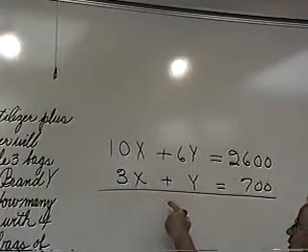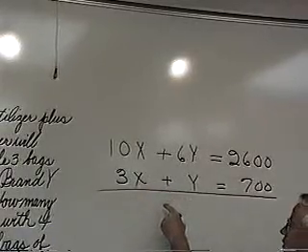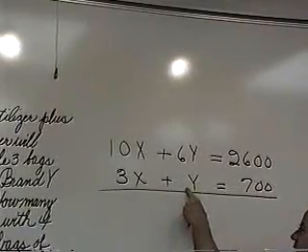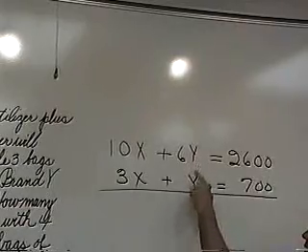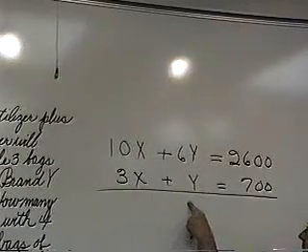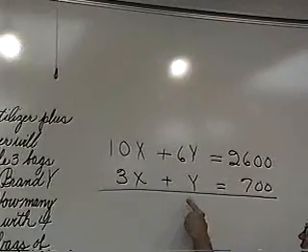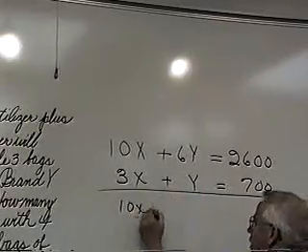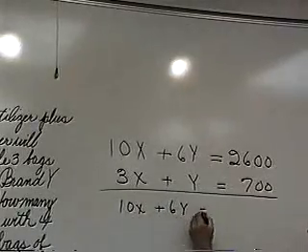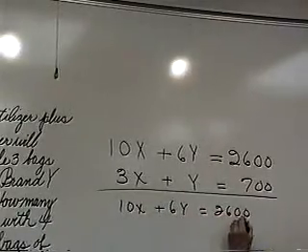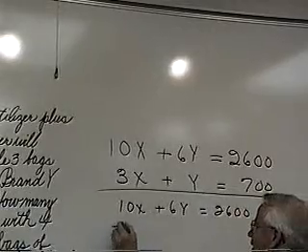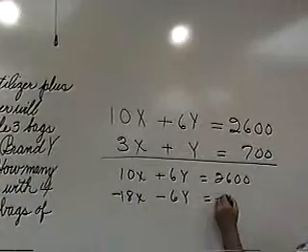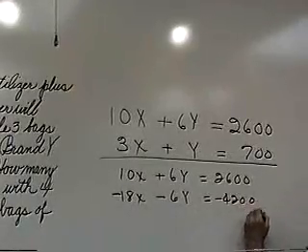What we want to do then is to get rid of one of the letters. What would be the easiest one to do? We'll probably multiply this by minus 6 so that when I add, these will drop out. Doesn't make any difference how you get it, just get the job done. So what I'm going to do is write the first equation down, multiply the bottom by minus 6, so that's a minus 18x, a minus 6y, and a minus 4200.